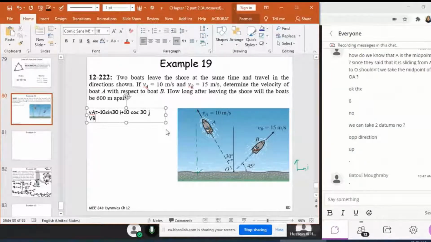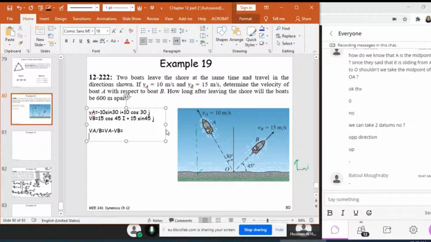And now what about VB? VB will be equal to 15 cosine 45 I plus 15 sine 45 J, right? And I know, guys, that VA with respect to B that I have to find will be equal to VA minus VB.